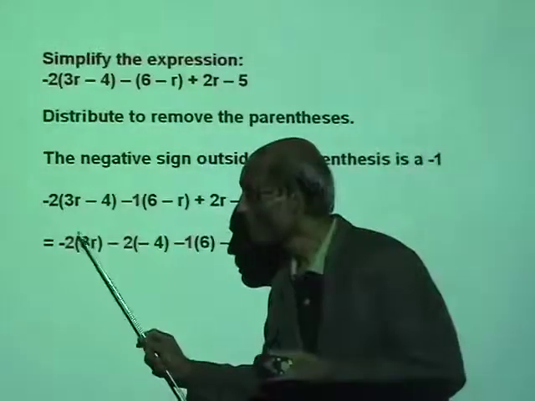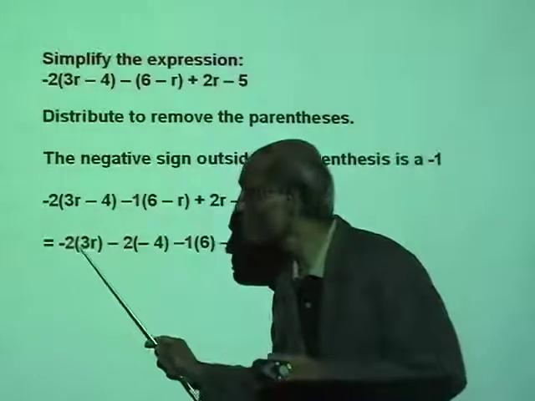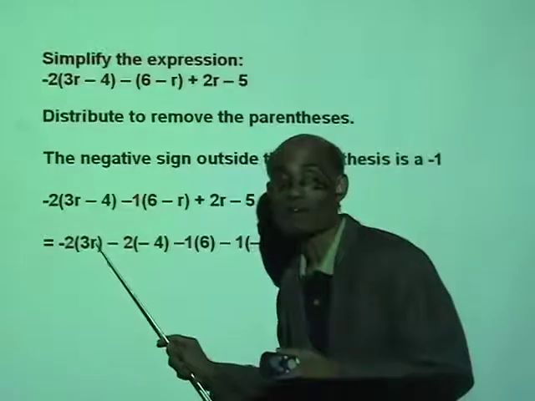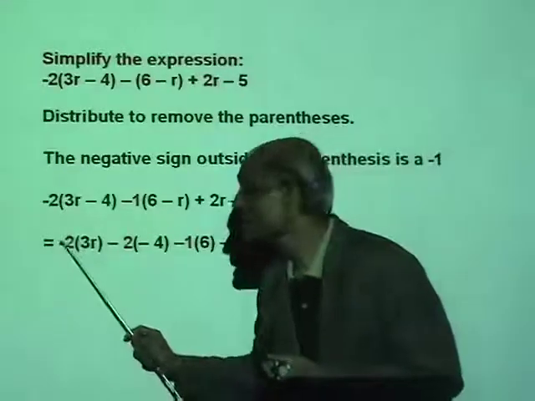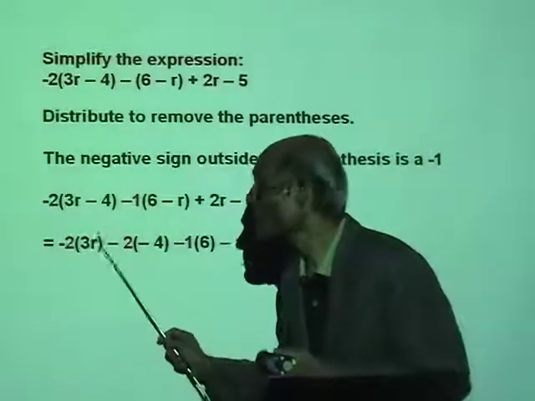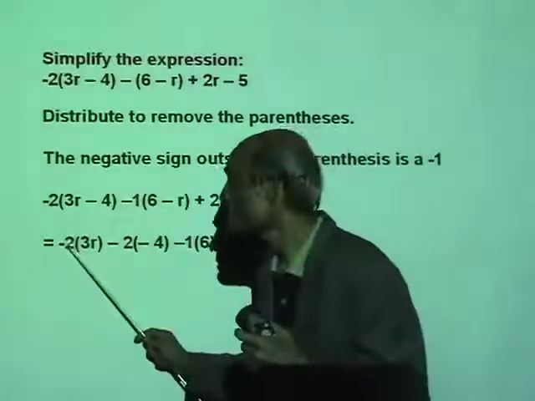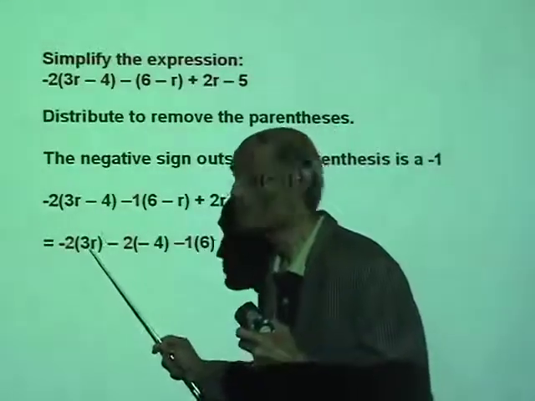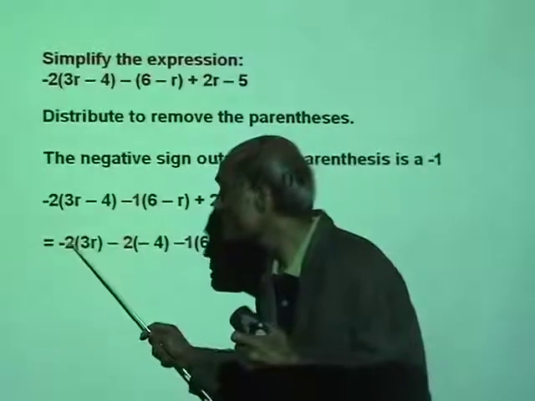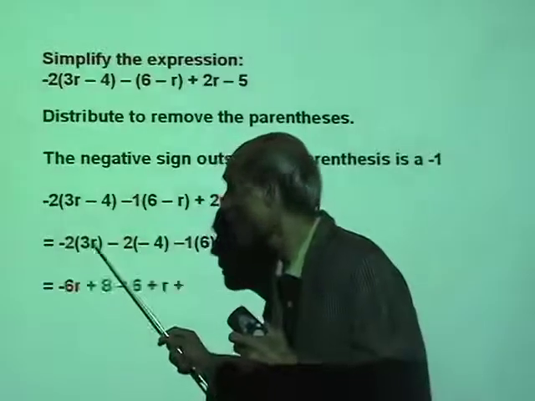Now multiply. What is negative 2 multiplied by 3r? A negative number multiplied by a positive number will be negative. So negative 2 multiplied by 3r will be negative 6r.